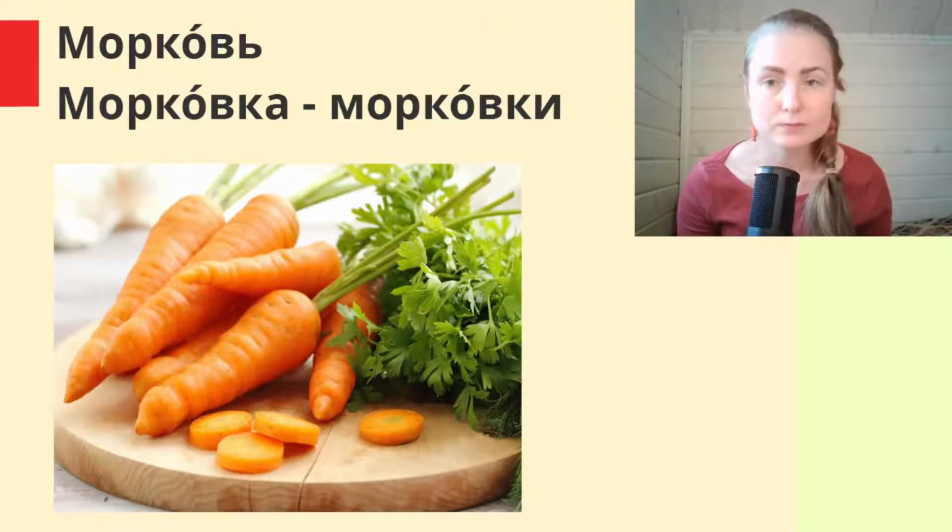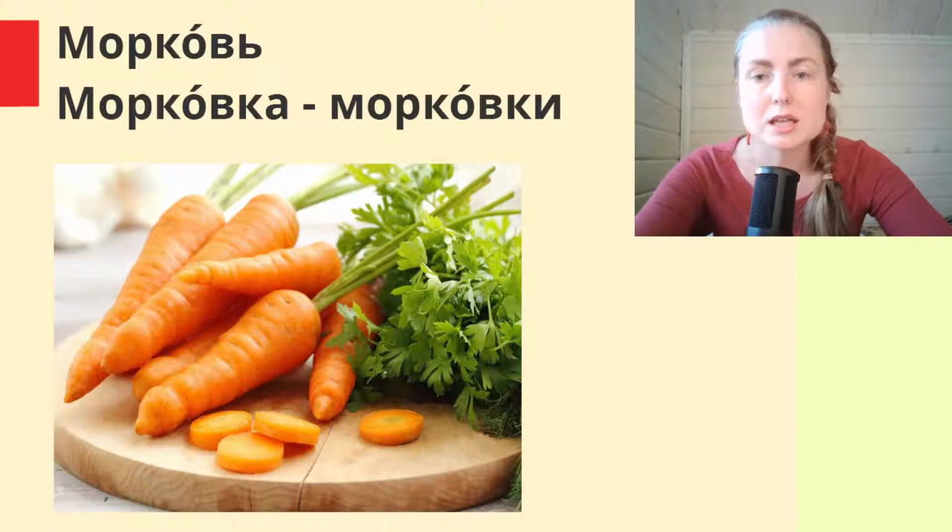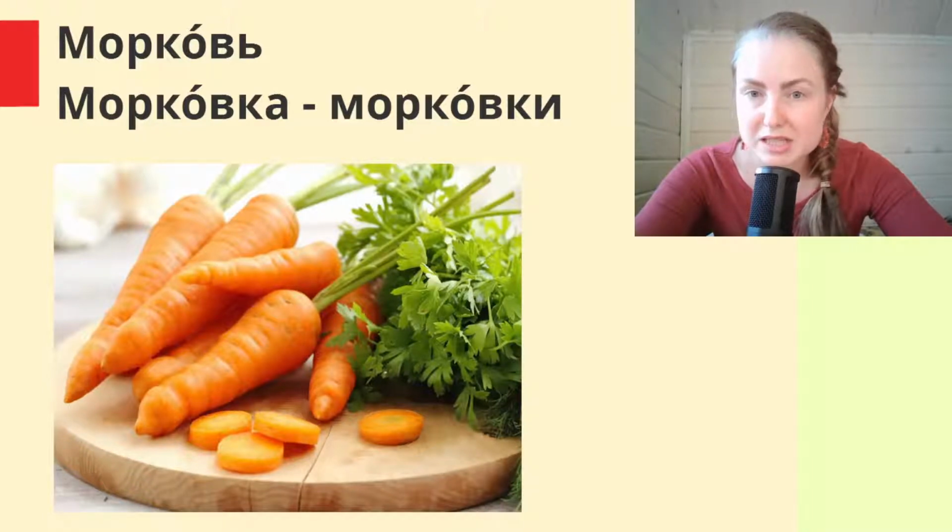Also pay attention to the last letter V, because it stands at the end of the word. It has a weak position, so V becomes a voiceless consonant. I pronounce it like F, морковь.